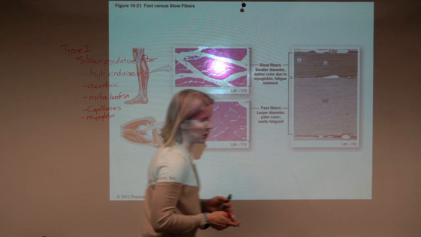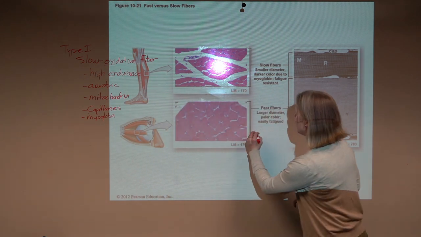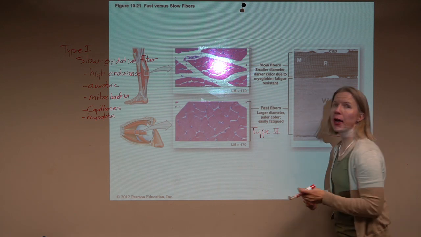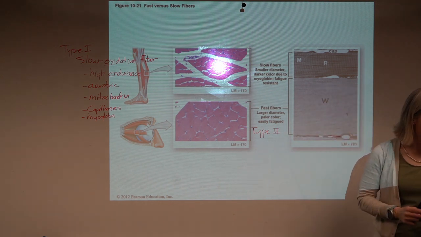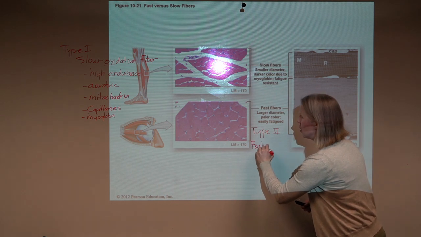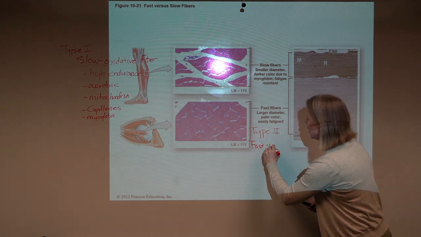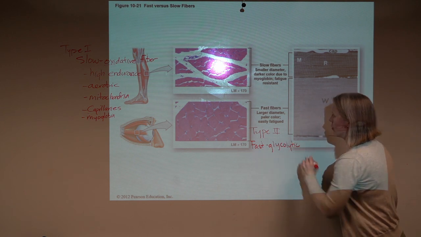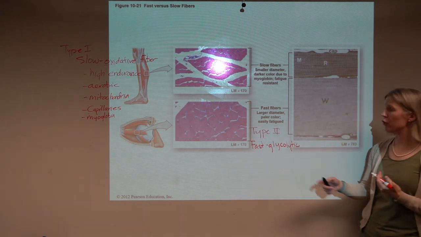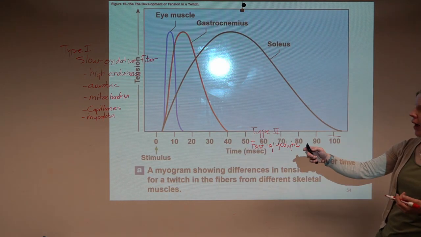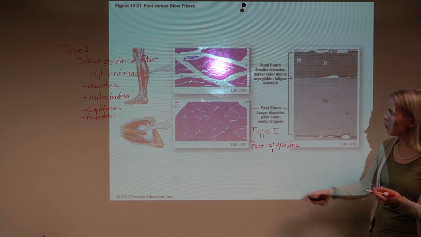Fast twitch muscle, come over here, are also called type 2 fibers, or fast glycolytic fibers, right? Again, the twitch is much faster, the contraction is much faster, okay?